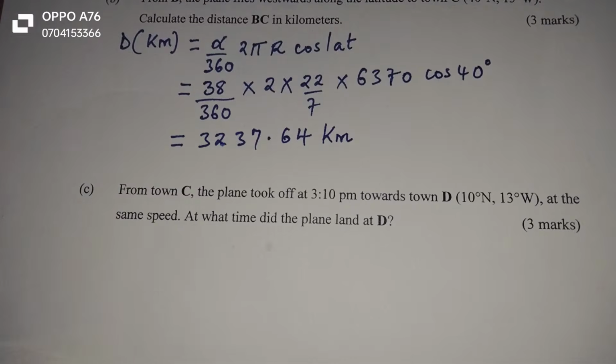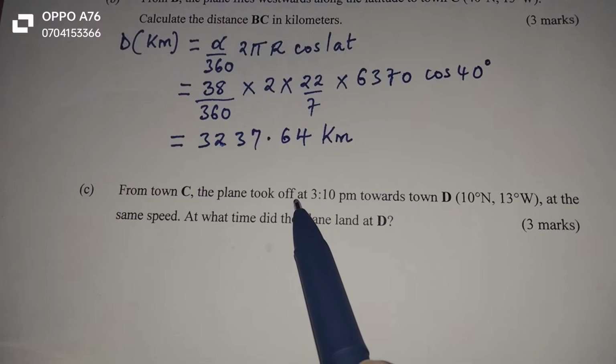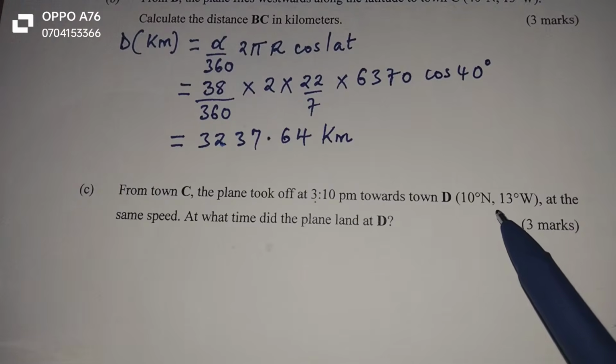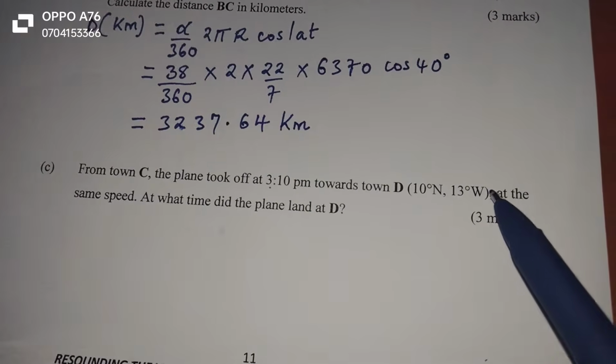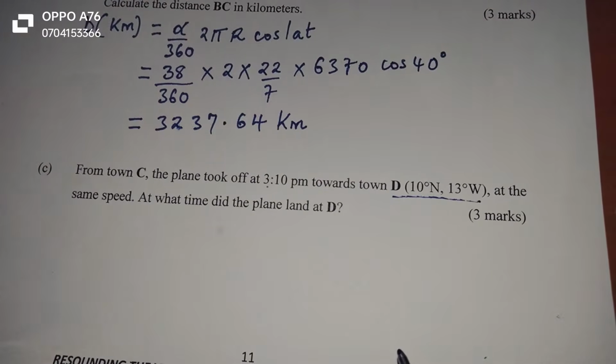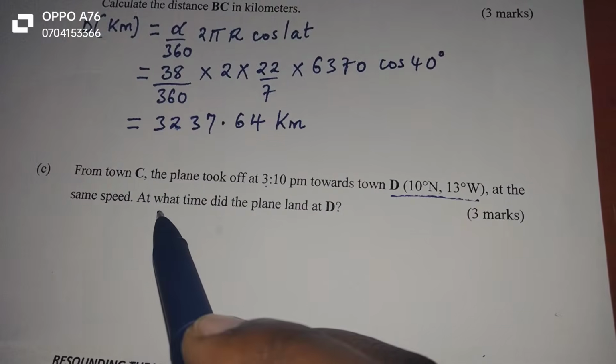And finally, part C, from town C, the plane took off at 3:10 p.m. towards D, which is 10 in the north, 13 in the west, at the same speed of 450 knots.